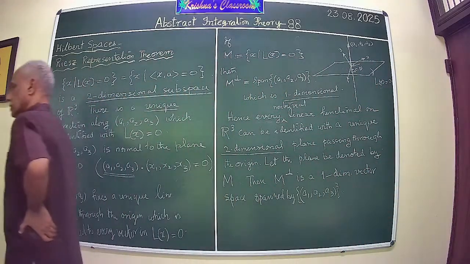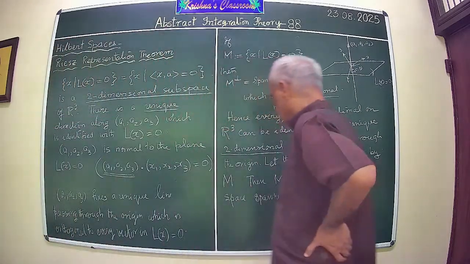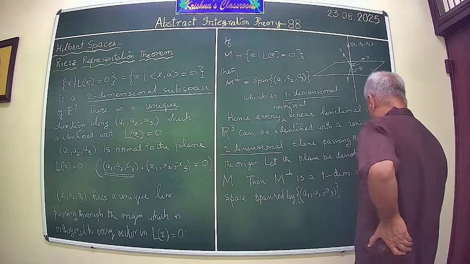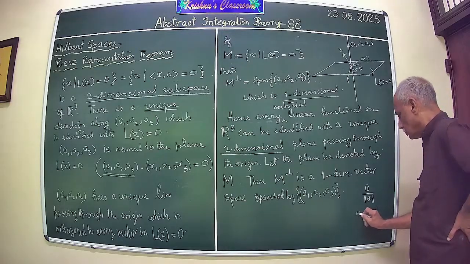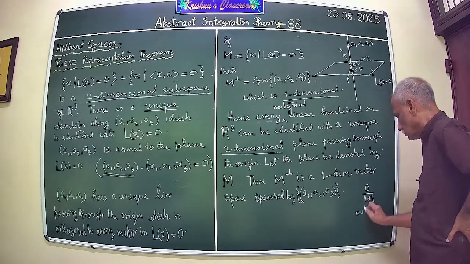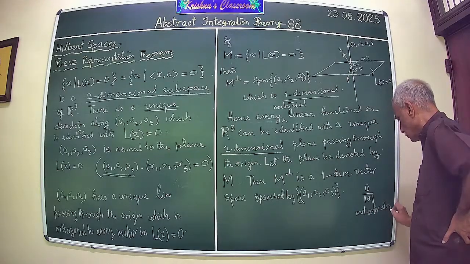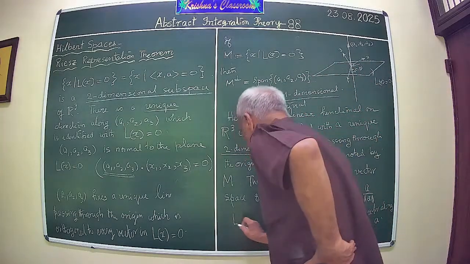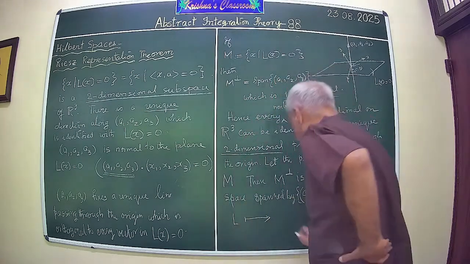If you want, you can choose the unit vector in this direction. Suppose this is A, then A divided by norm A will give you the unit vector. Thus there is a correspondence: L is identified with what?